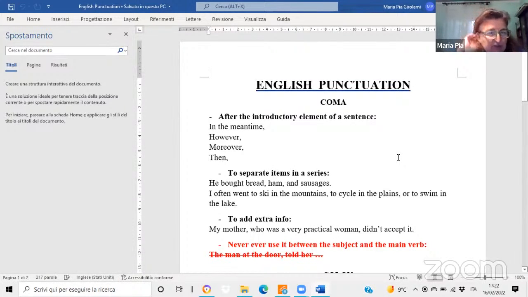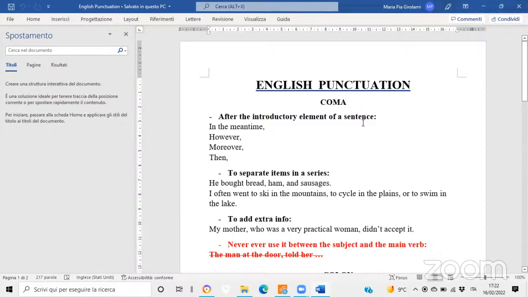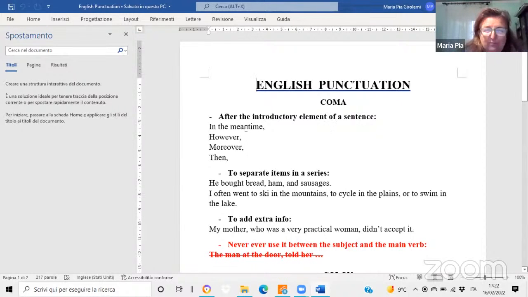So let's start with the comma. The comma, what does comma mean? Virgola. Virgola, exactly. The comma is used after an introductory element, and nobody ever writes it. For example, in the meantime, comma, however, comma, moreover, comma, then, comma.